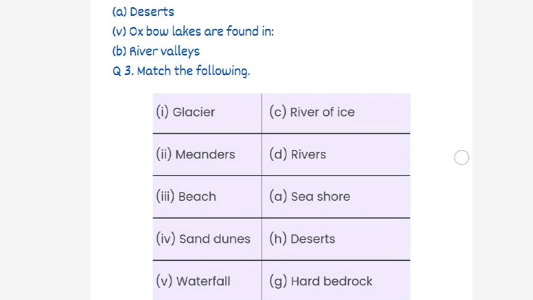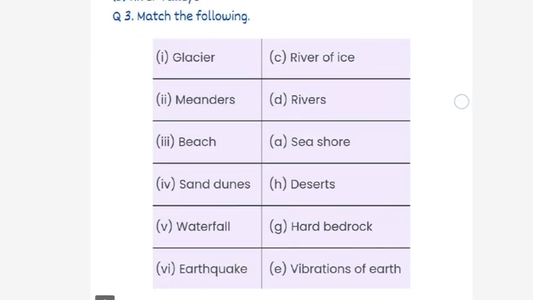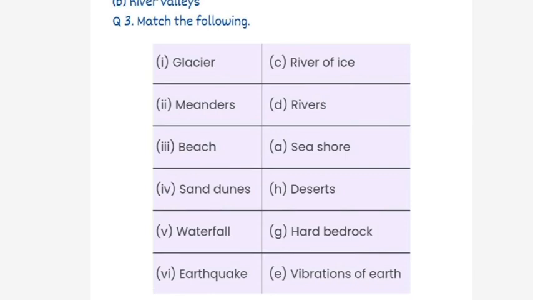Question number 3. Match the following. Make 2 columns, column A, column B, and in column A write first glacier. In front of that you write river of ice.